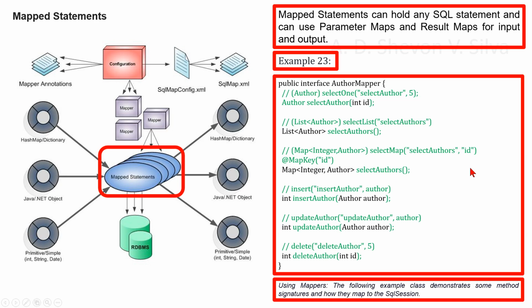All of the usual types are supported, including primitives, maps, POJOs, and Java beans. Note the mapper interface does not need to implement any interface or extend any class, as long as the method signature can be used to uniquely identify the corresponding mapped statement.